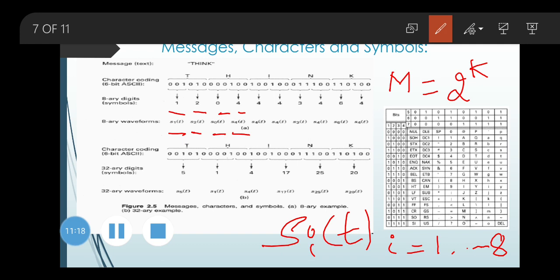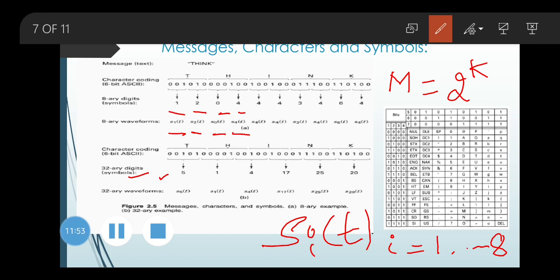On the same lines, the same example is taken again, but now they are asking to calculate for 32-array digits. When I say 32-array digits, the M value is given as 32. I need to find the value of k. Once I find k, I am going to group the bits with the symbol digit represented below each one of them. For this example of 32-array digits, we get the k value as 5.